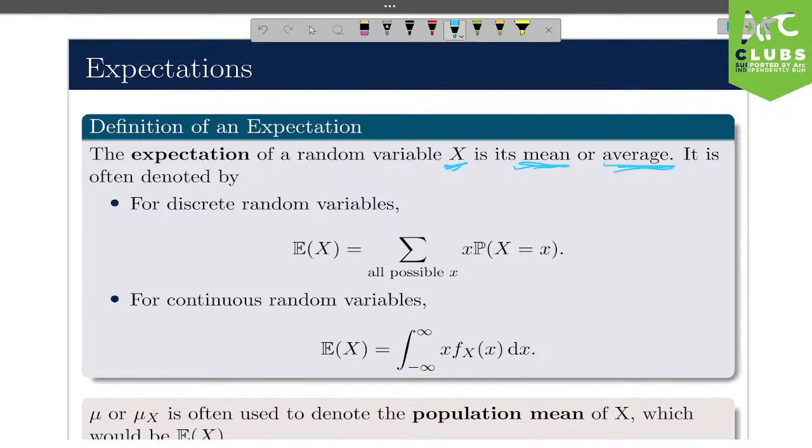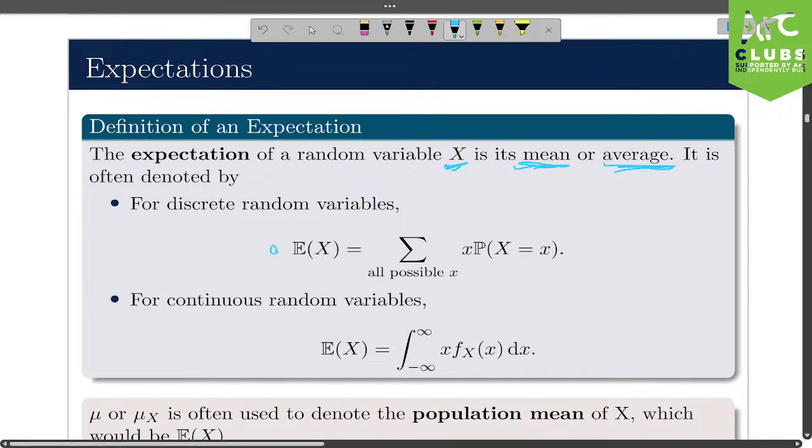For a discrete random variable, the definition of the expectation value is x multiplied by the probability that X equals x, and then we sum over all possible x. For continuous random variables, we have a similar definition.